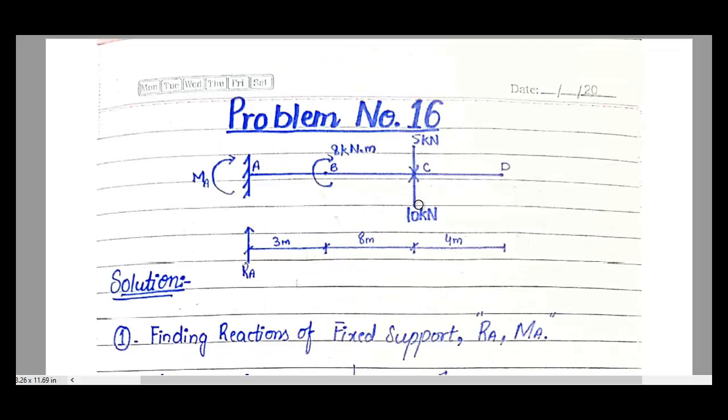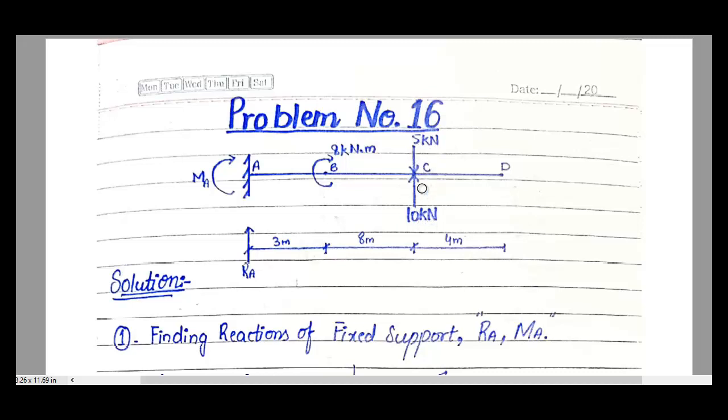This is a cantilever beam, and it is subjected to a couple and 2 forces. These two forces are acting at the same point, and they are in opposite directions, so they will simply cancel each other out, like 5 and 10 kilonewton in the upward direction, 5 kilonewton in the downward direction.